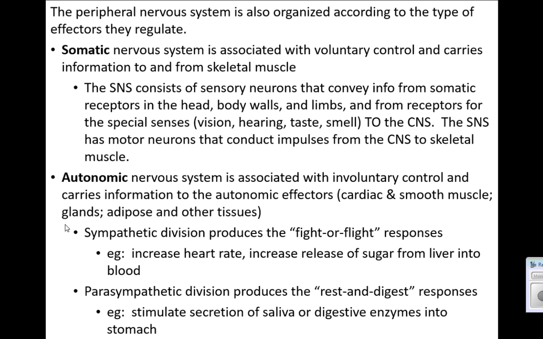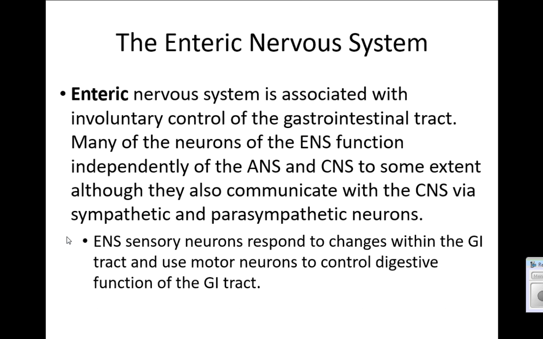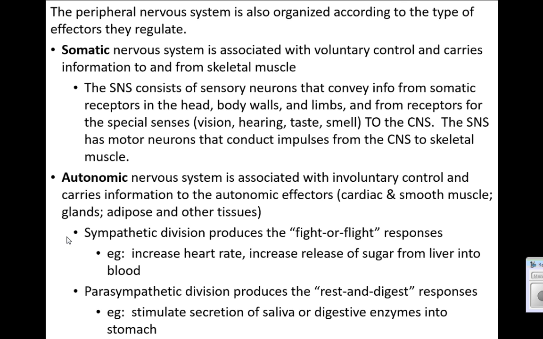Now, we can then subdivide the autonomic nervous system into three parts: the sympathetic, the parasympathetic, and the third is the enteric. Of the three, we don't talk very much about the enteric. We'll talk mainly about sympathetic and parasympathetic.